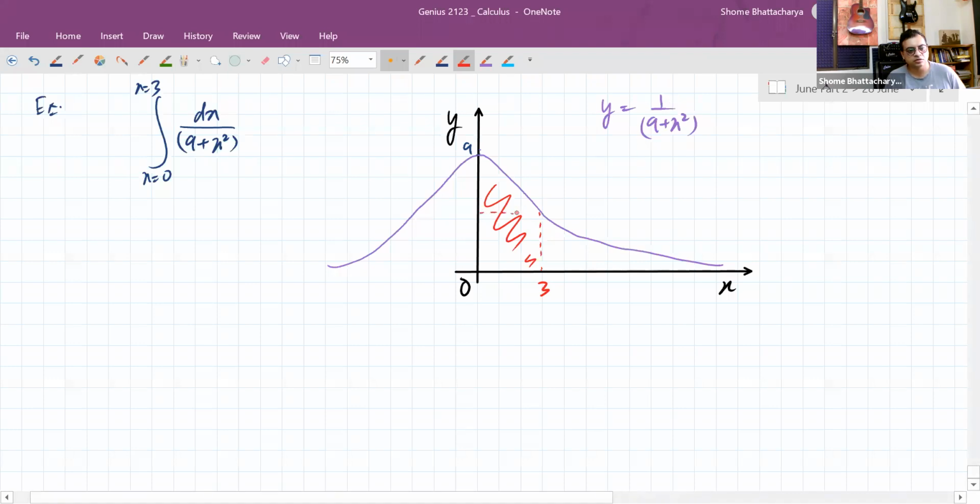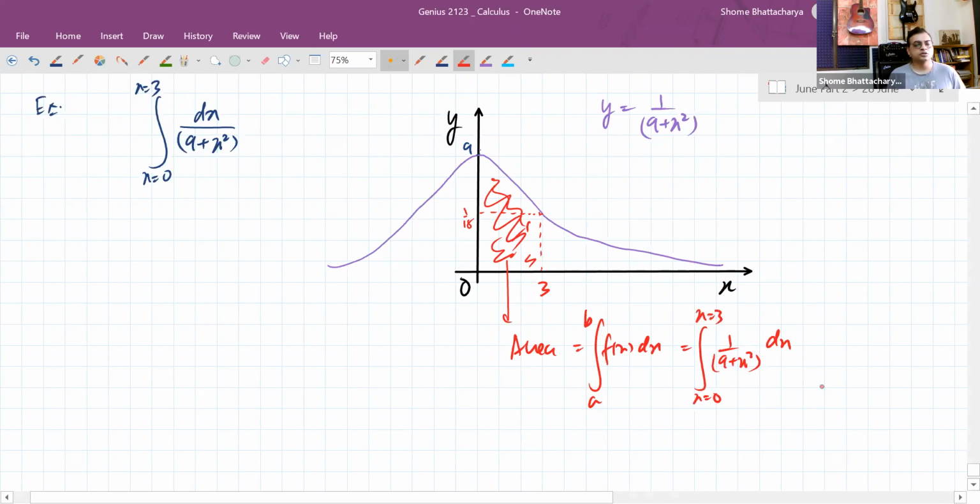So this total area is what we are trying to calculate.